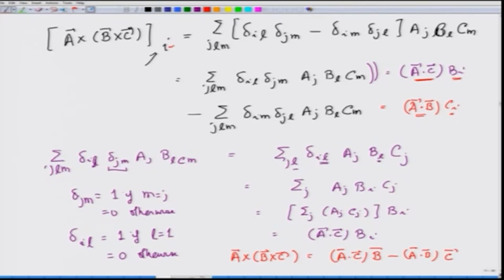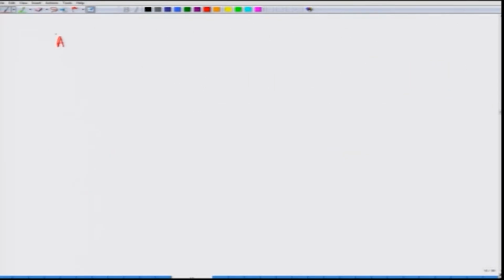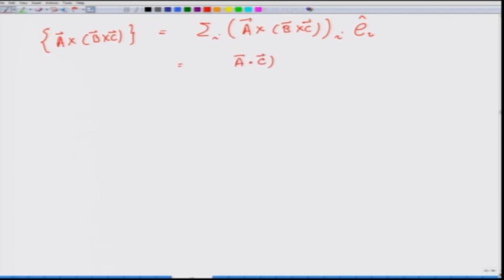If you are very fussy about the notation, then you can also write that A cross B cross C is nothing but summation over i of the ith component times the unit vector in the ith direction, and this is nothing but A dot C summation over i b i e i minus summation over i A dot B c i e i.